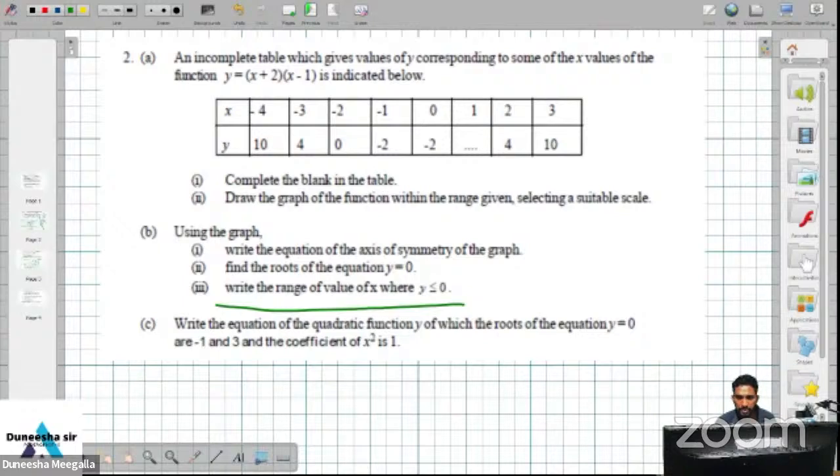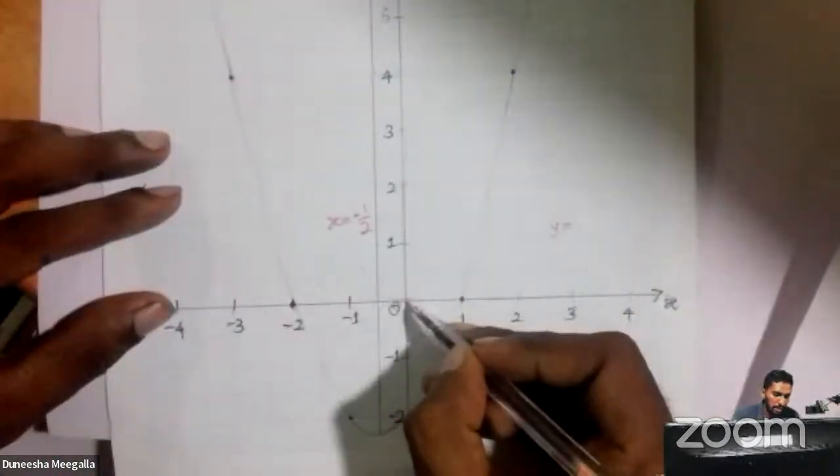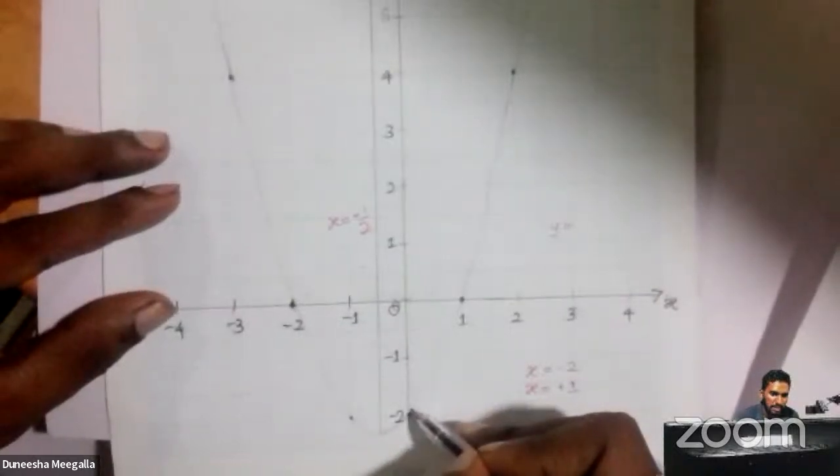Can you find out? Alright, I will explain. Can you see the y-axis here?